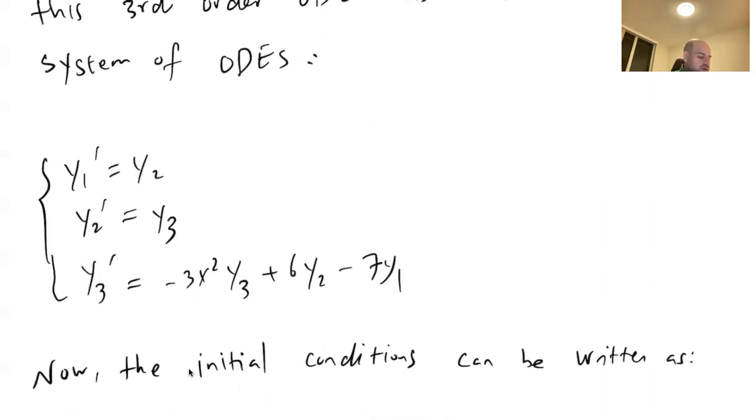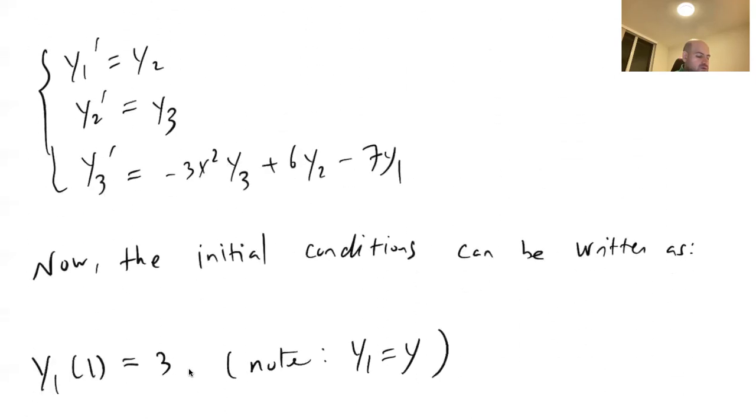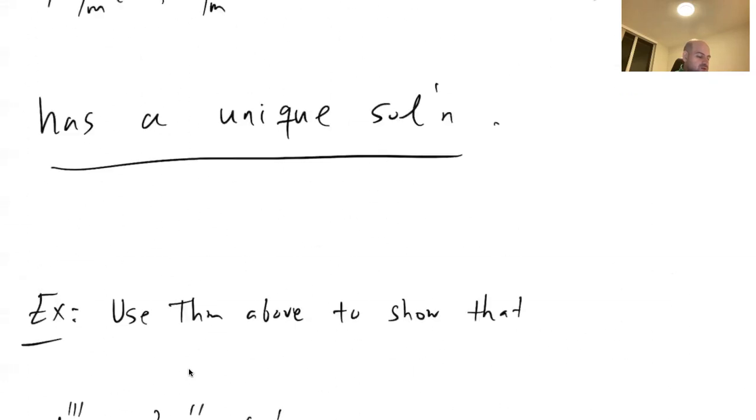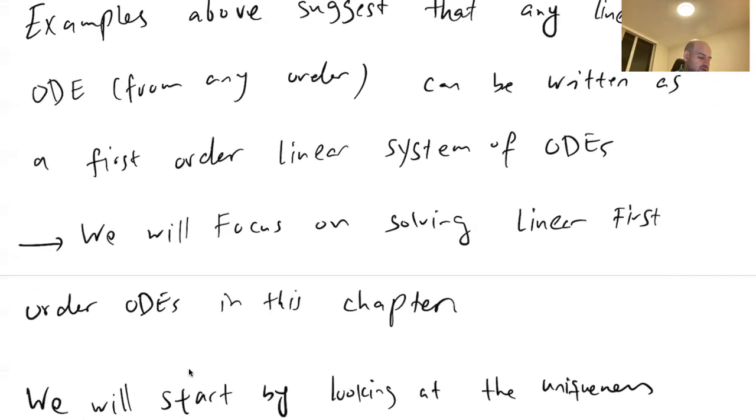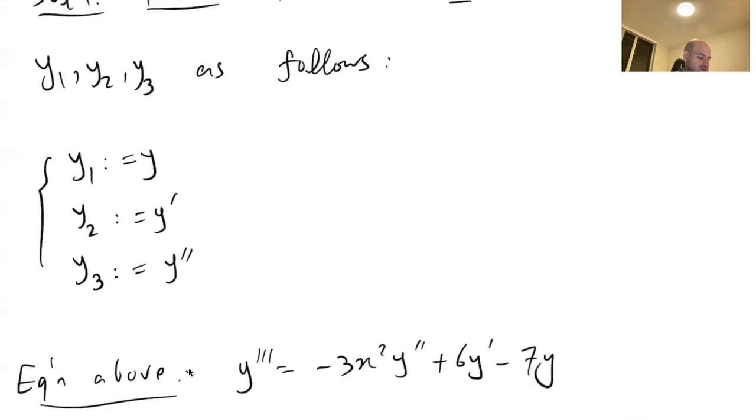And we also mentioned that y prime of 1 is 3. But what is y prime? Look at here. Y prime is same as y2. You can also see it in here that y prime is same as y2.